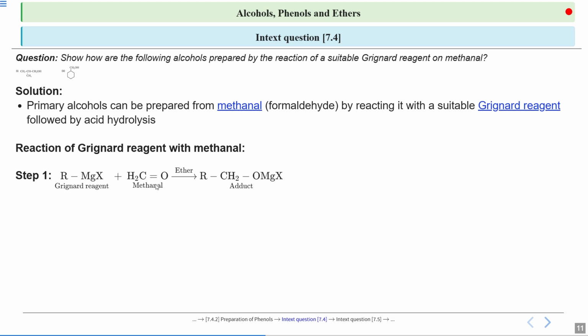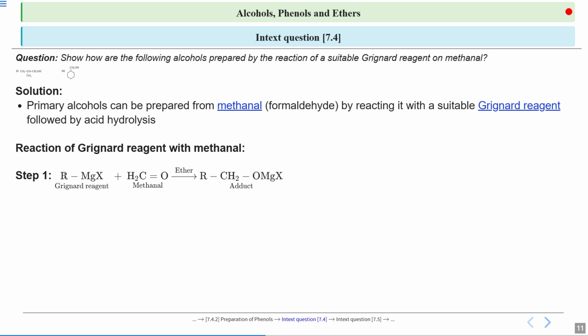So now who will attack on this oxygen? O minus is there, and here MgX has a partial positive charge. So this MgX group will attack on this O minus, and you will see OMgX is formed. Here your carbon has a partial positive charge and this R has a partial negative charge.